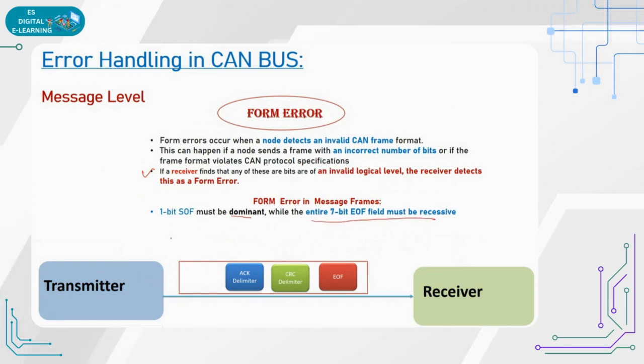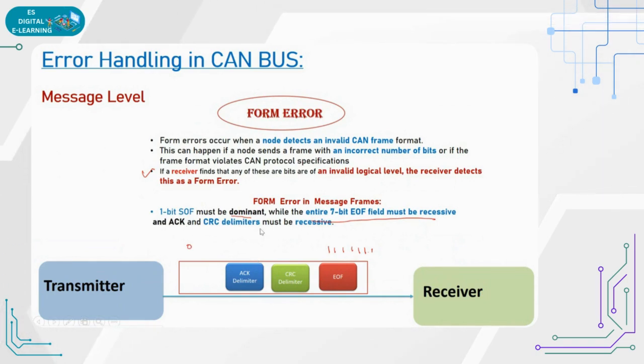So remember, in the start of frame we have 0, and in the end of frame we have ones, 7 ones. And the acknowledgement delimiter and CRC delimiter must be recessive. They are ones. If any one of these bits changes, then we'll get a form error. You can write it down.